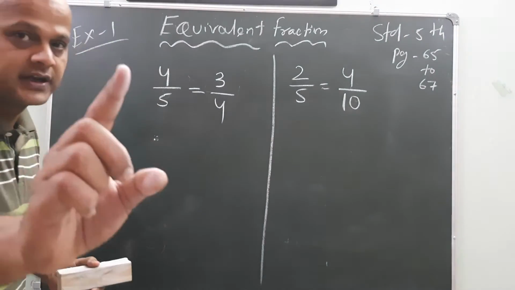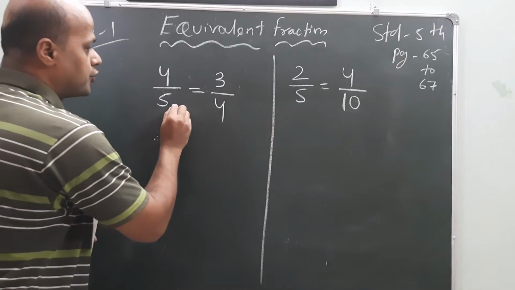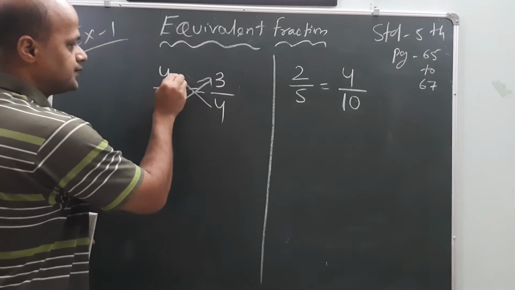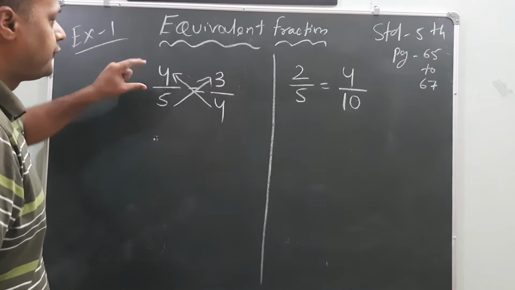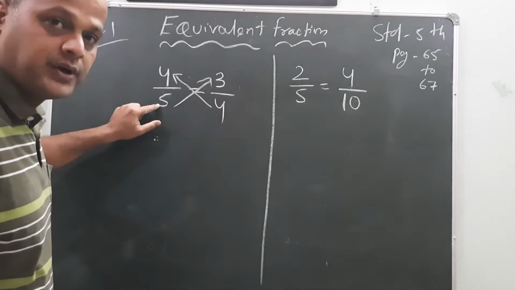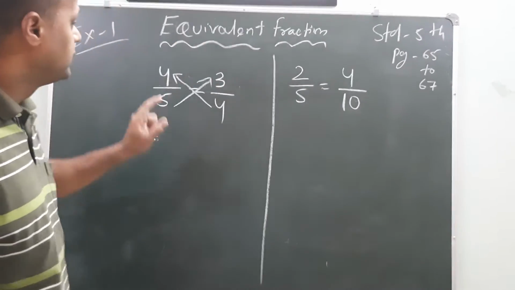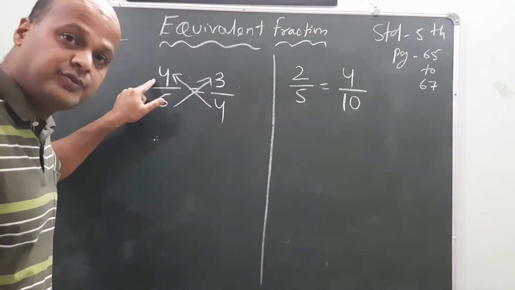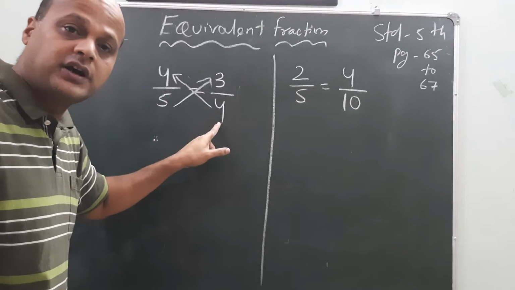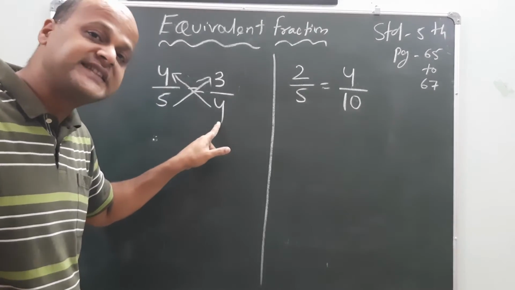What is that? The simple trick is to cross multiply these two. It means the first fraction's denominator will be multiplied with the numerator of the second fraction, and the first fraction's numerator will be multiplied with the denominator of the second fraction.